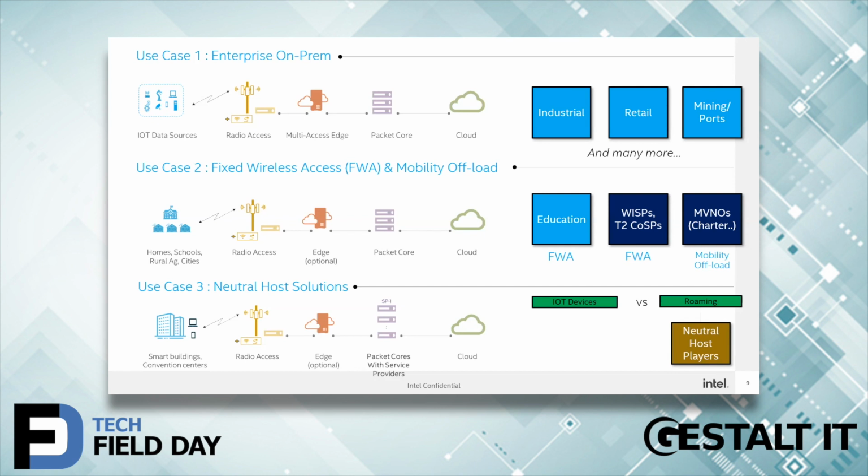But the second one is for the residents, and these could be either residents living in the apartments in these buildings, or the workers who are working there in the buildings.